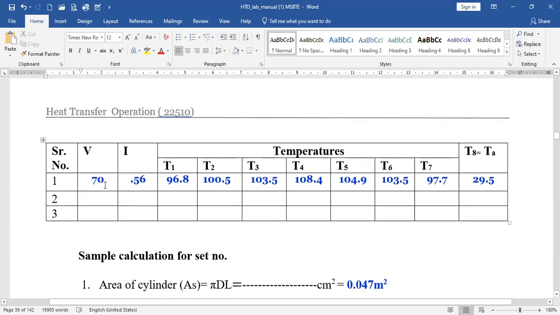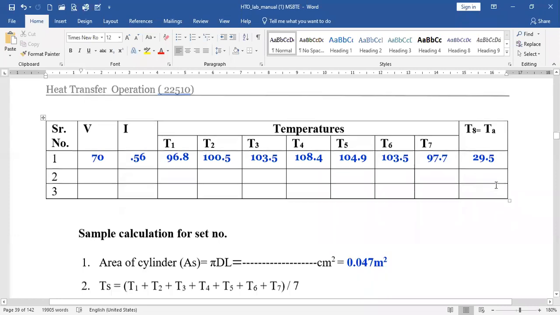The voltage is 70, current is 0.56. The temperatures from T1 to T7 are 96.8, 100.5, 103.5, 108.4, 104.9, 103.5, 97.9 and ambient temperature is 29.5. So it is in degree Celsius.